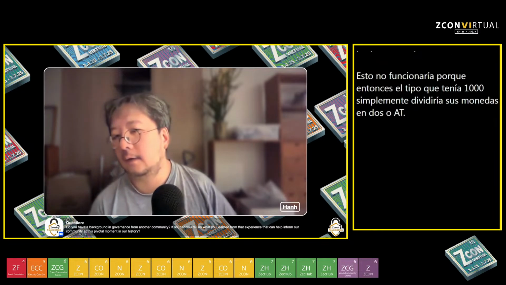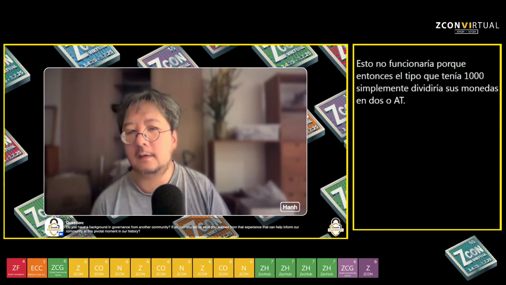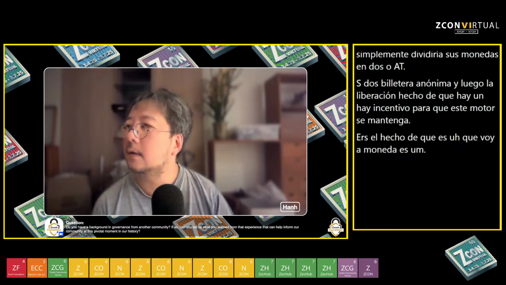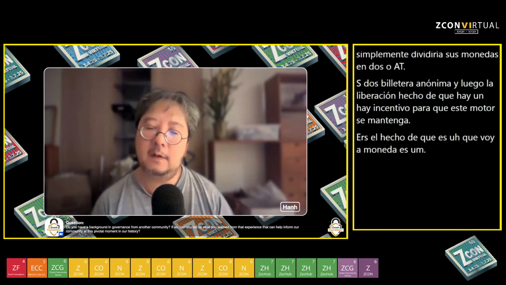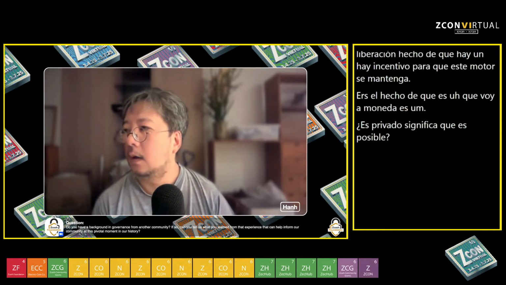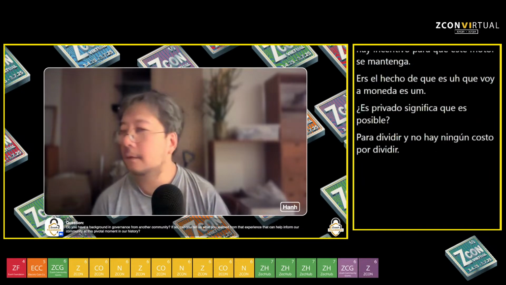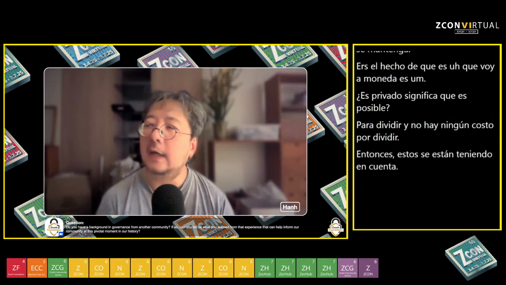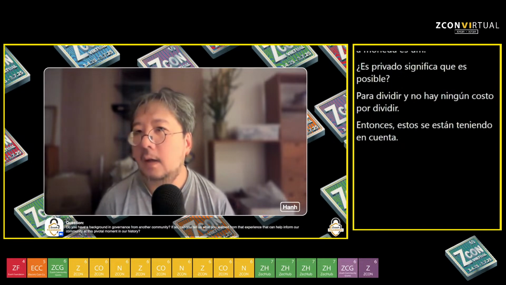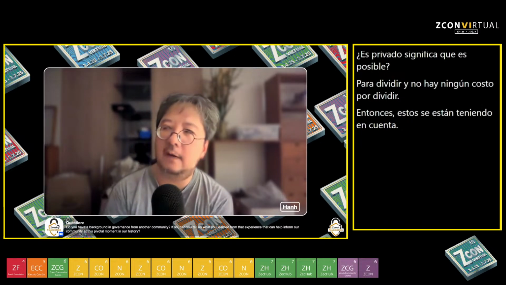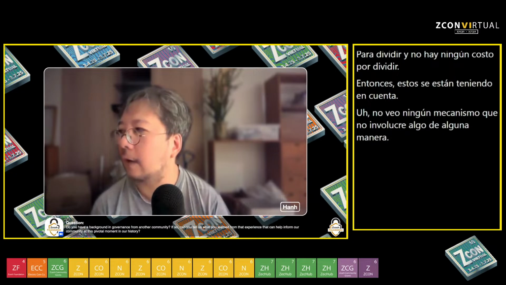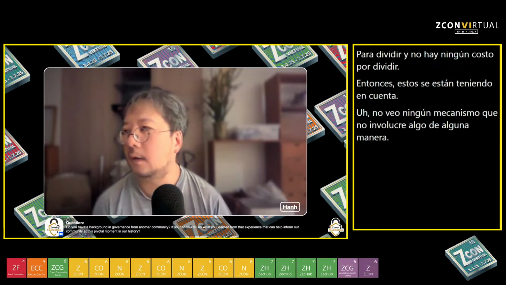The fact that our currency is private means that it's possible to split, and there's no cost in splitting. So with this factored in, I don't see any mechanism which would not involve in some way having registration, having some KYC, or having some knowledge of the voter.